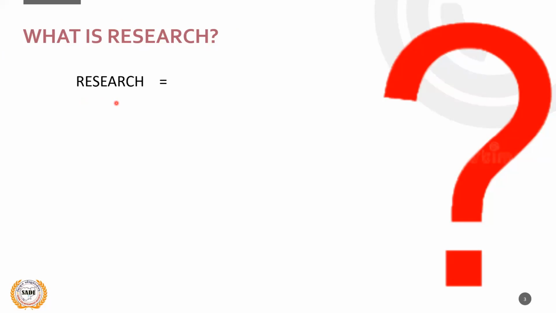What are the two morphemes? Re and search. So what is the meaning of re? Re means again.